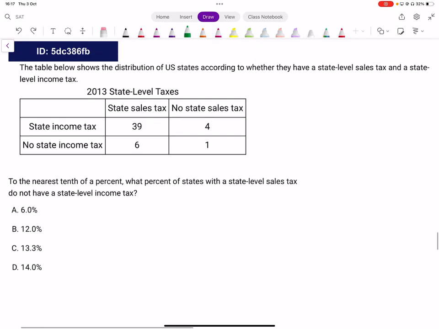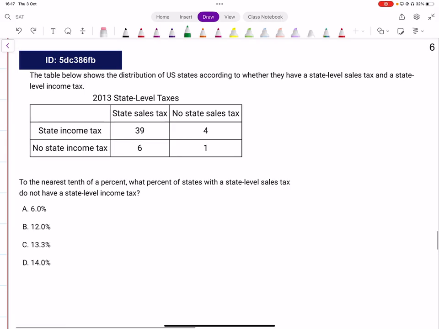Okay, next is 6, the last one from this PDF. To the nearest tenth of a percent, the table shows the distribution of US states according to whether they have a state level sales tax and a state level income tax.